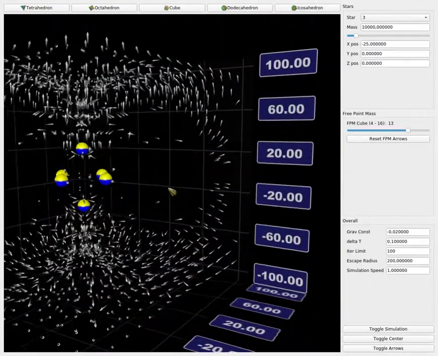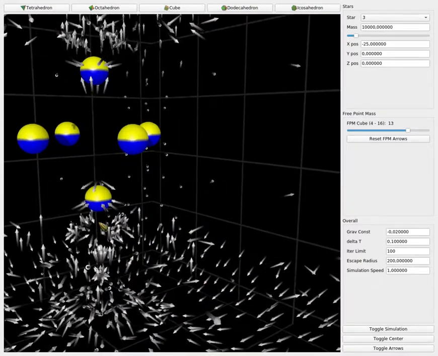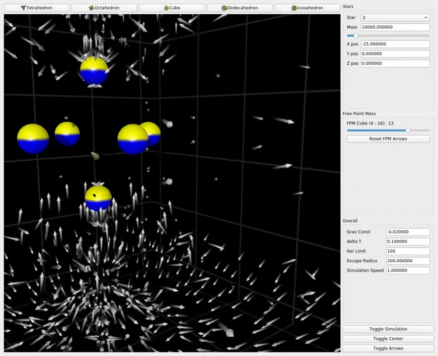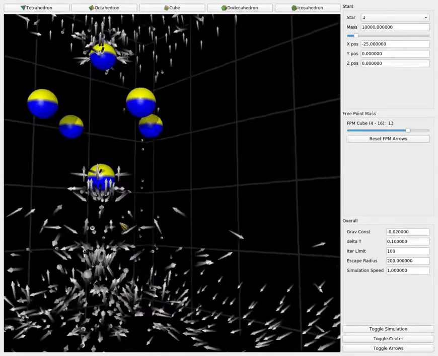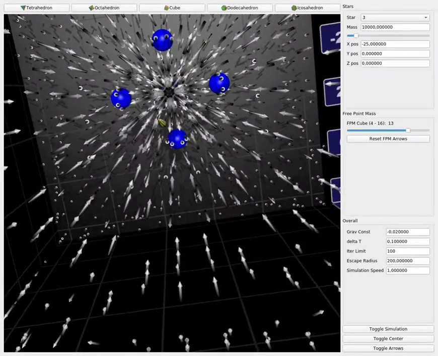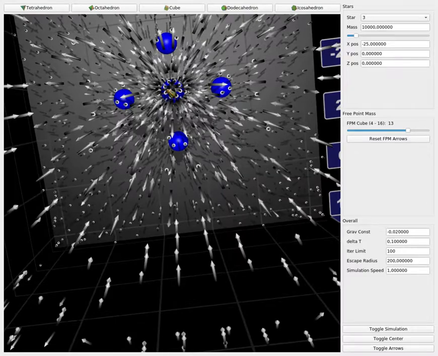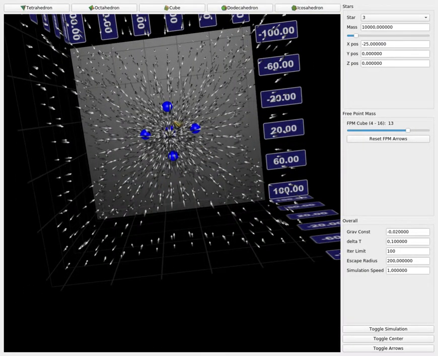You can rotate around the whole thing, and you can see an intricate dance of arrows in bunches even. So we're looking at it from the quote bottom.